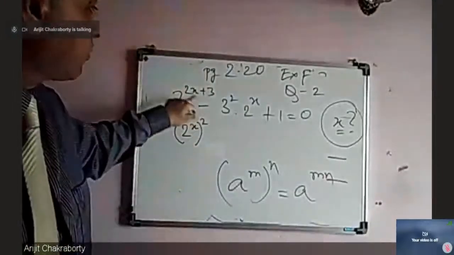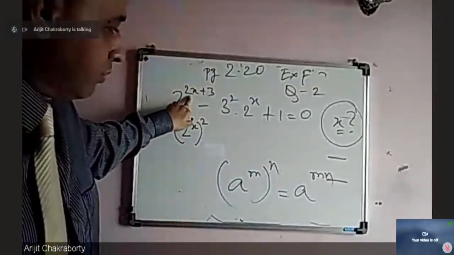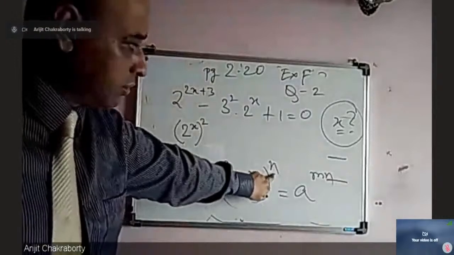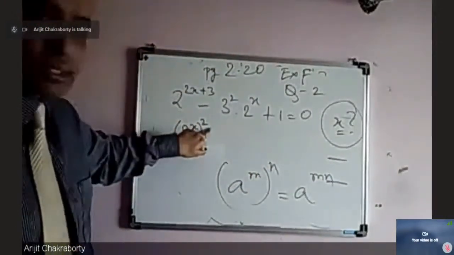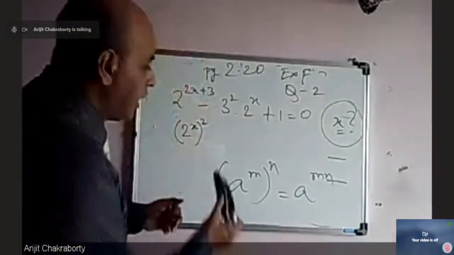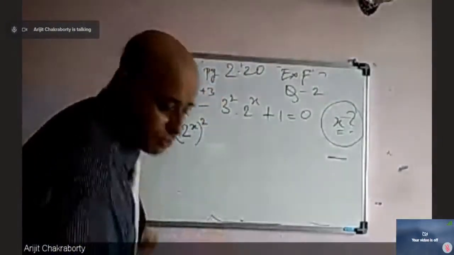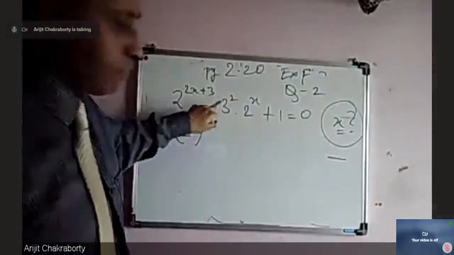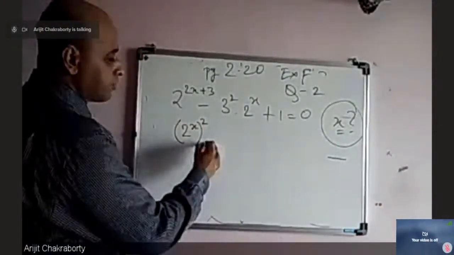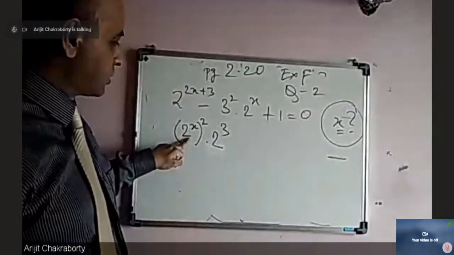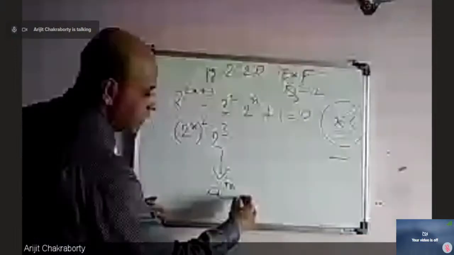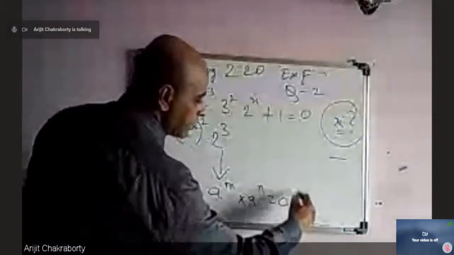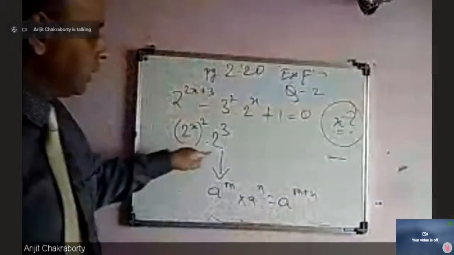So 2x we can write in this way: 2 to the power x whole square. And then you have plus 3, meaning this multiplied by 2 to the power 3, because the 2x and 3 will be added. This is as per the addition formula: a^m into a^n equal to a to the power m plus n. We are using these two formulas.